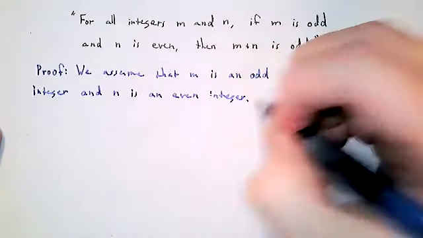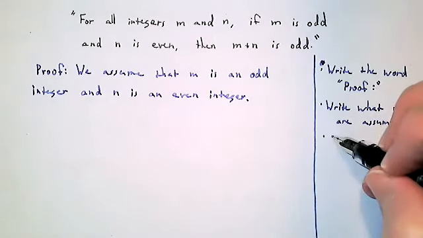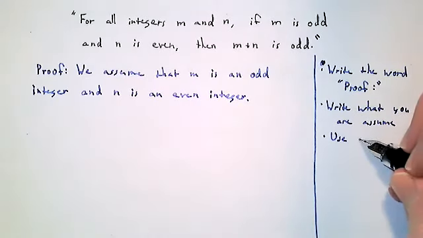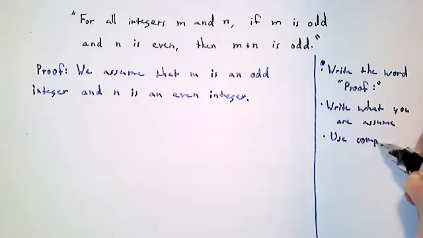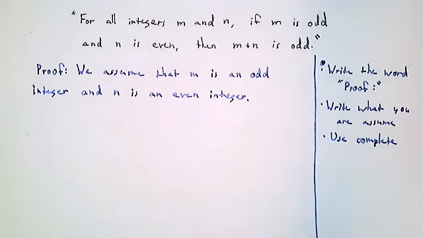Another thing to point out before I get any further is that you should always use complete sentences whenever you're writing a proof. So a proof should never look like scratch work that you might write on an exam or on your homework. It should look a little bit more like an essay, almost.